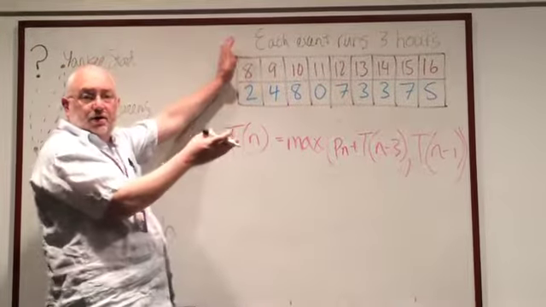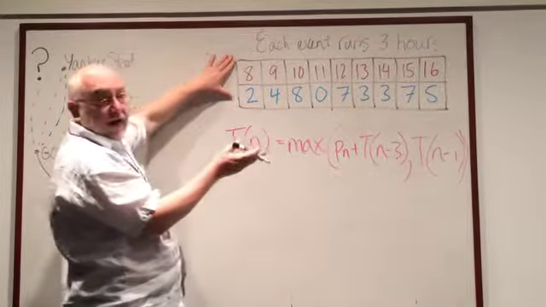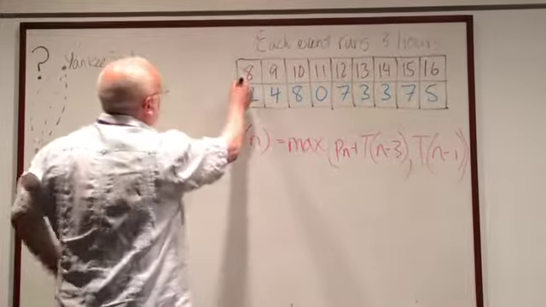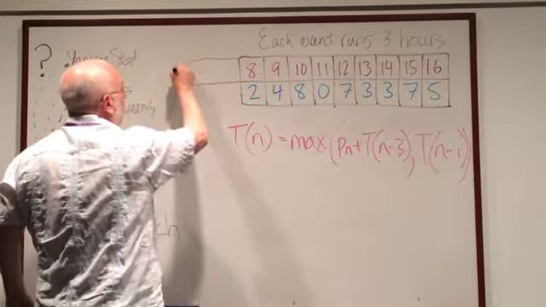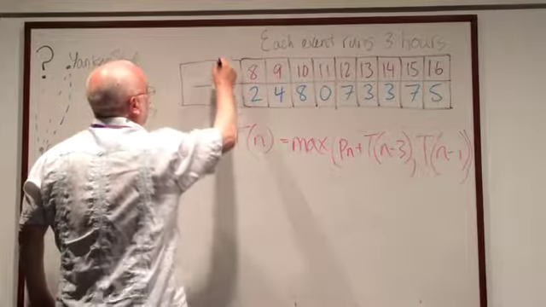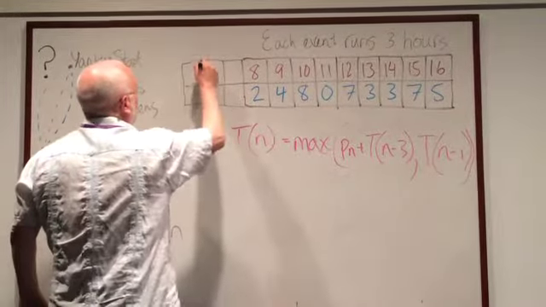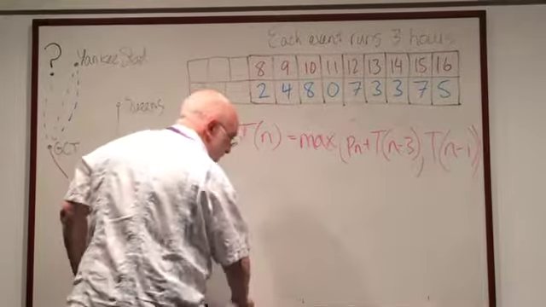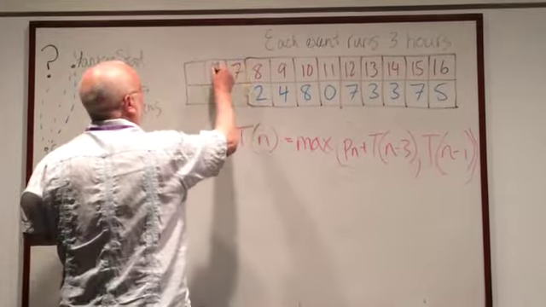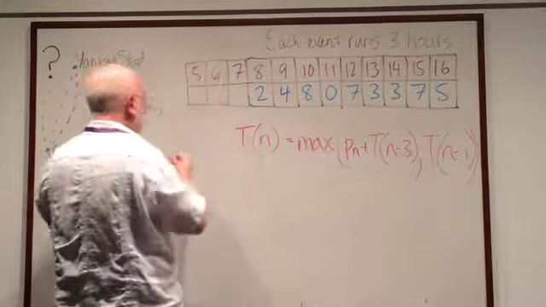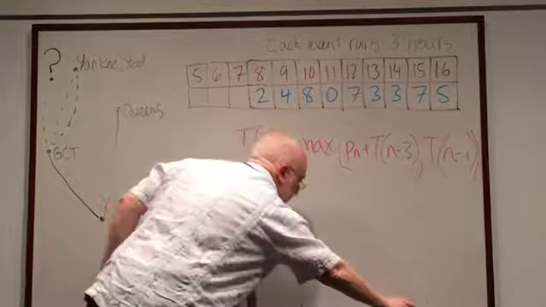We could make a special case for 8 a.m., but we can keep our code cleaner by extending our arrays back 3 hours. And we've got 7, 6, 5, and just put in zeros.